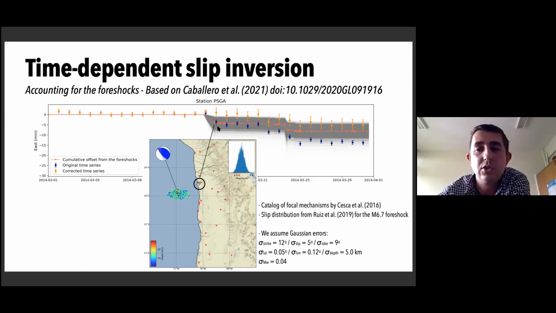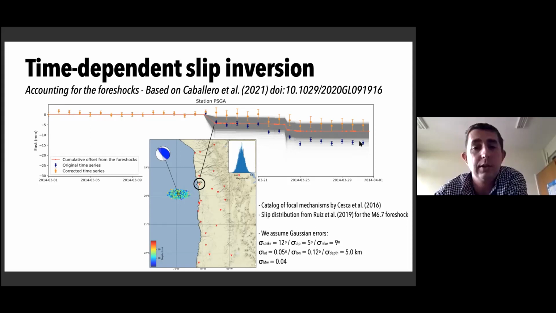And the uncertainty on the prediction is basically the range given by the gray line. And then you can remove that from the time series. So before, our GPS time series was the blue dots. You could see that at some point you started to really see something going on at that station.